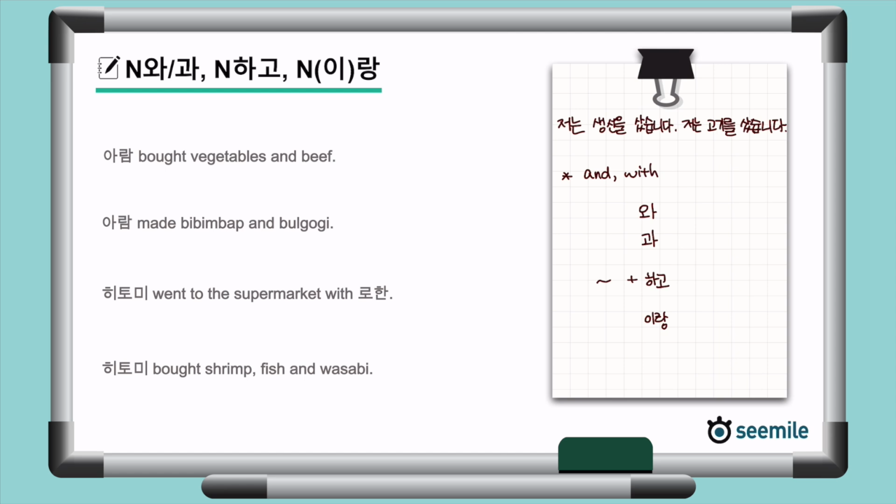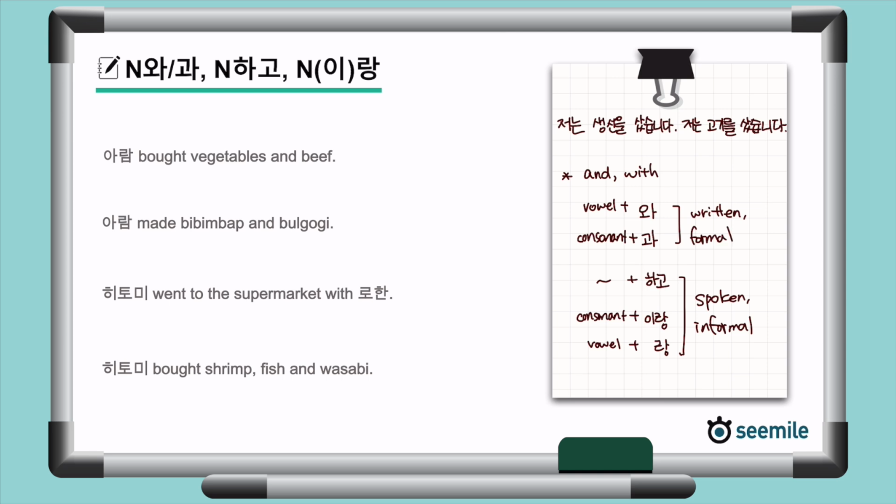When the preceding word ends in a consonant, 과 or 이랑 need to be added, while 와 or 랑 can be included when the noun preceding it ends in a vowel. 하고 and 이랑 are mainly used in spoken informal language, whereas 와, 과 is mainly used in written formal language.